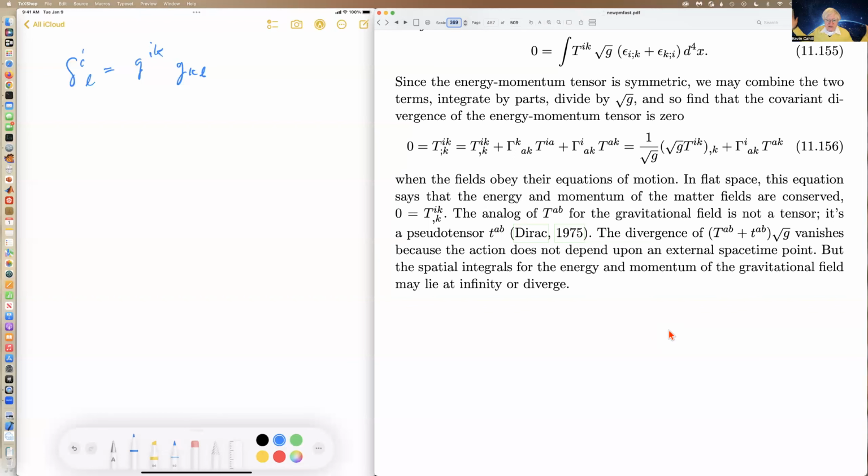And so any surface terms can be neglected because we're not changing anything at infinite distances.